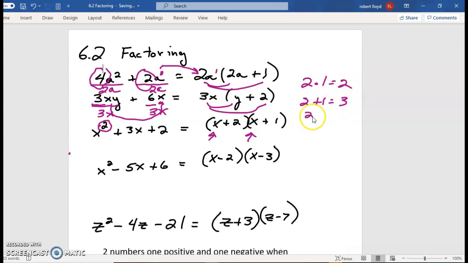So these are 2x and x. So if we FOIL this, x times x is x squared. The outside is 1x, and the inside is 2x, which combine to make our 3x.